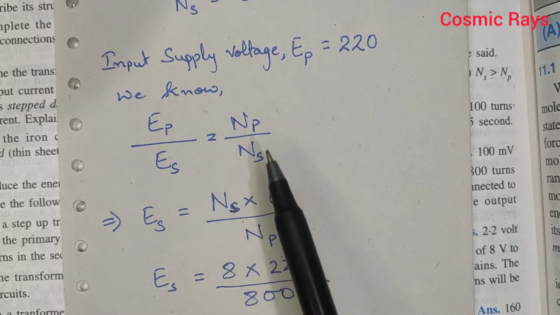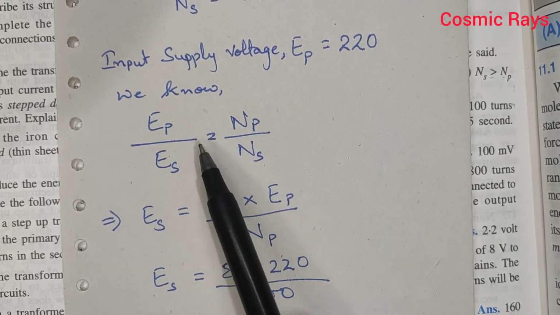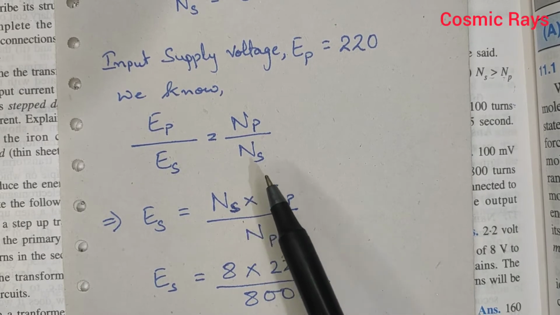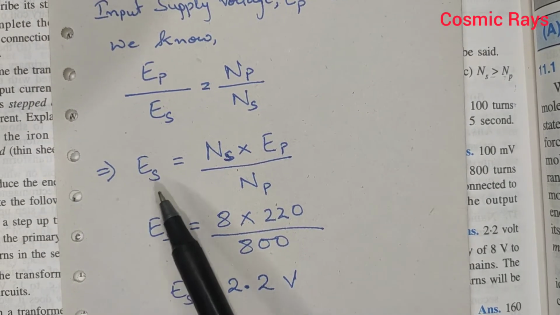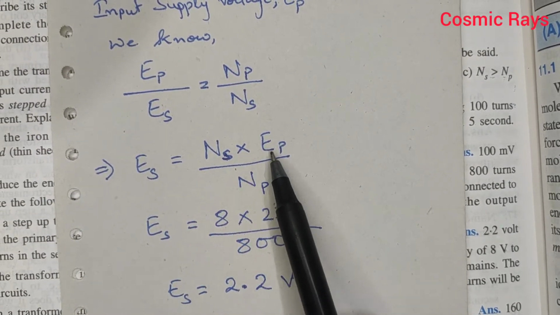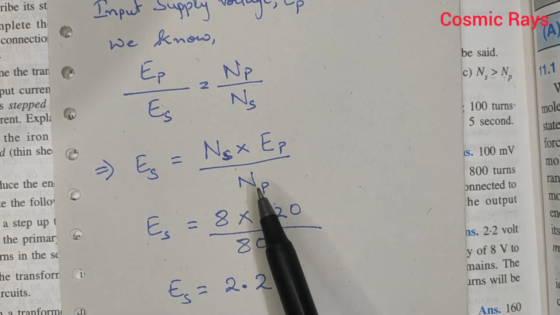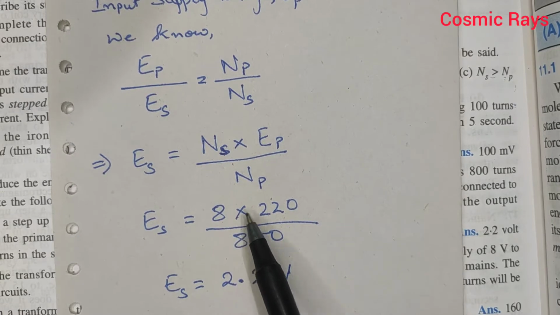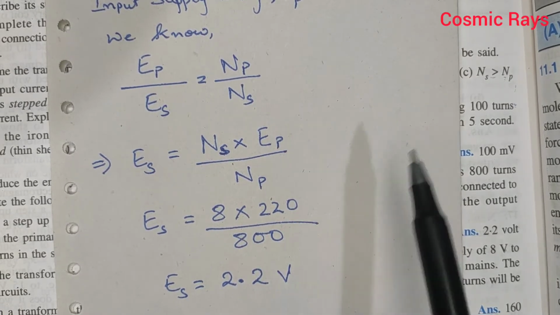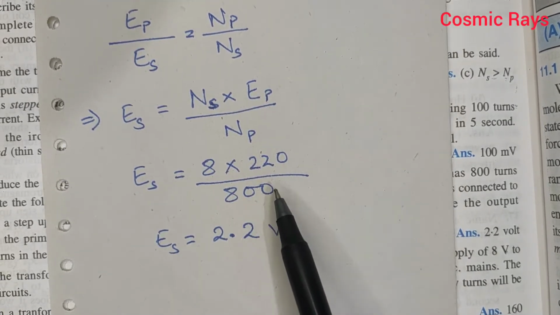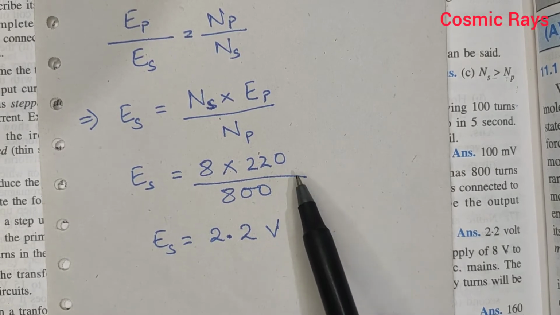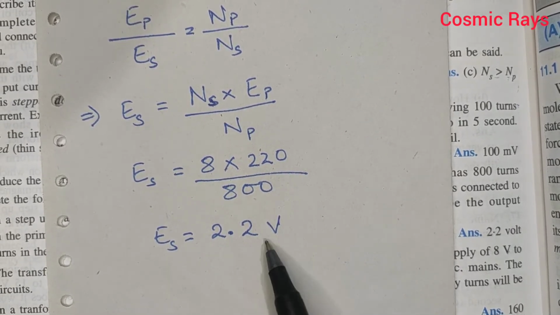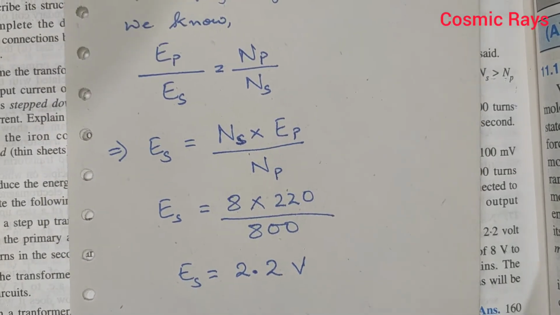So here if we rearrange the terms and convert this equation in terms of ES, then ES is equal to NS multiplied by EP divided by NP. So number of turns at the secondary is 8 multiplied by EP, that is 220, divided by 800. So when you calculate this, you get the answer as 2.2 volts.